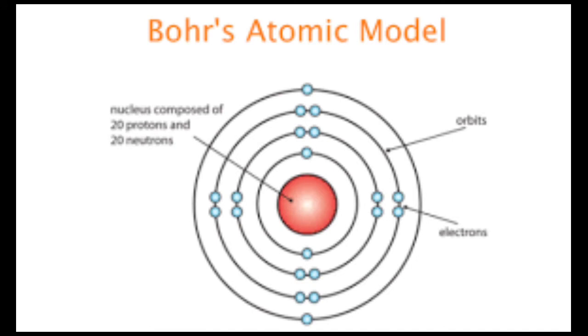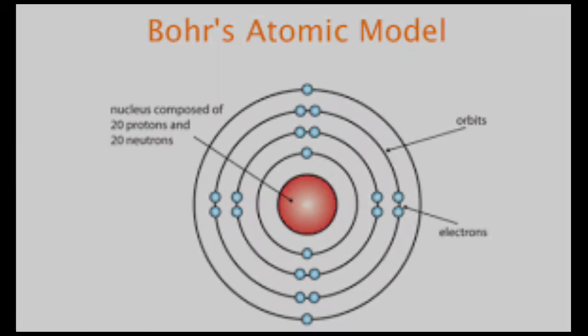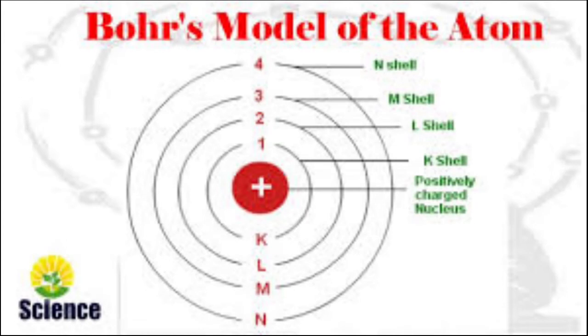The electrons revolve around the nucleus in a path of a definite radius and energy, called an orbit or energy level. The orbit or energy level can be represented by small letter n.